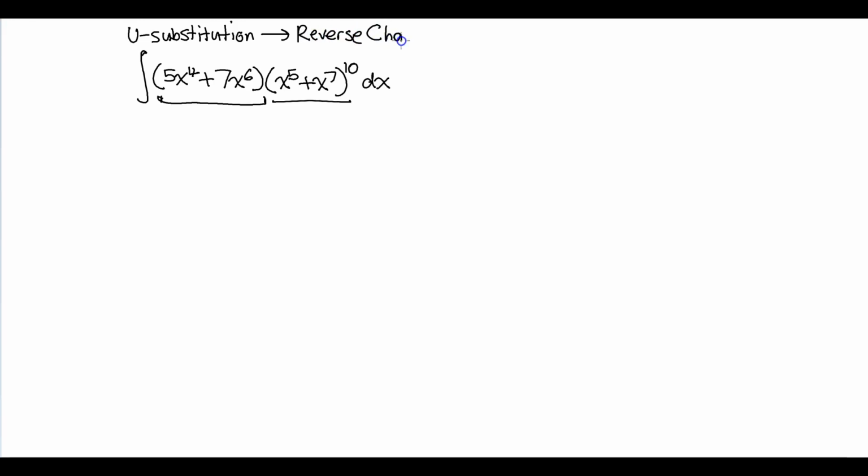Whatever you want to call it, I'll call it the reverse chain rule because it deals with composite functions, okay? So let's say we define a variable u, and u is the most common variable for this, why we call it U-Substitution. Let's say we define u as x to the 5th plus x to the 7th, okay?